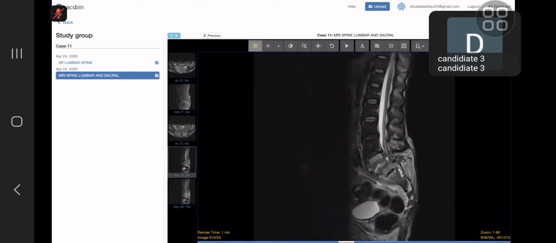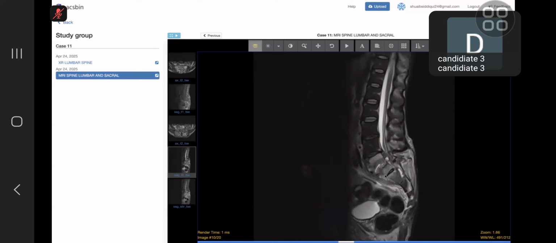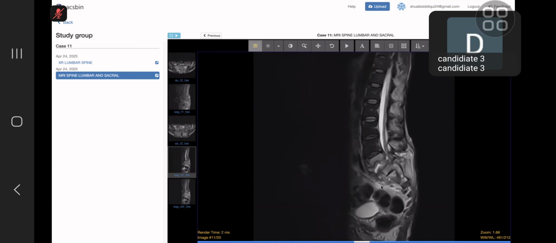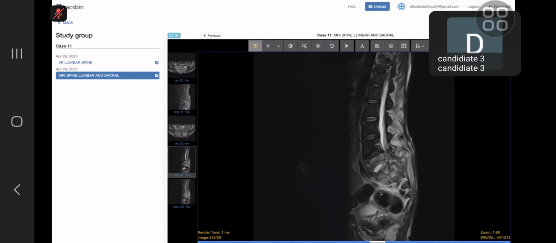Yes, it's compressing the nerve roots of the spinal cord, which may cause cauda equina syndrome, and it would be an emergency to call the neurosurgeon to relieve this compression. Okay, what would you like to look at to confirm if there's cauda equina compression? Axial.